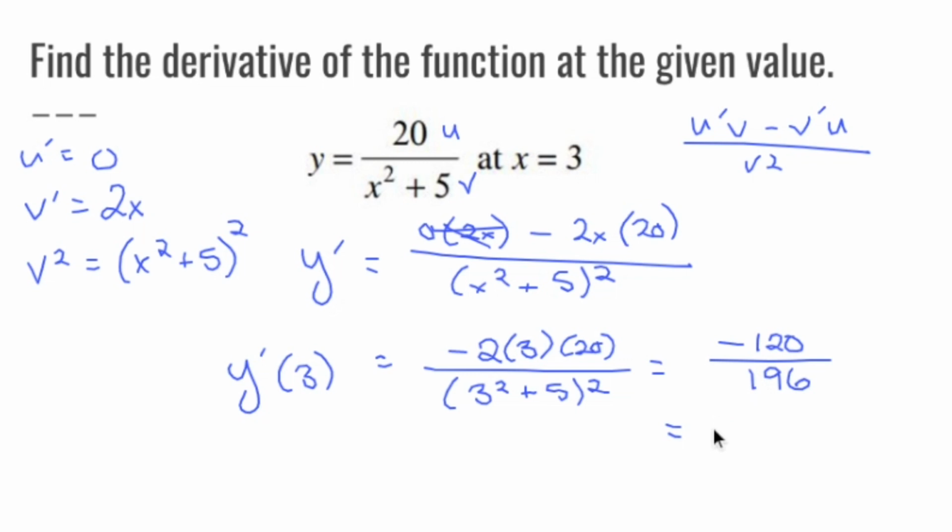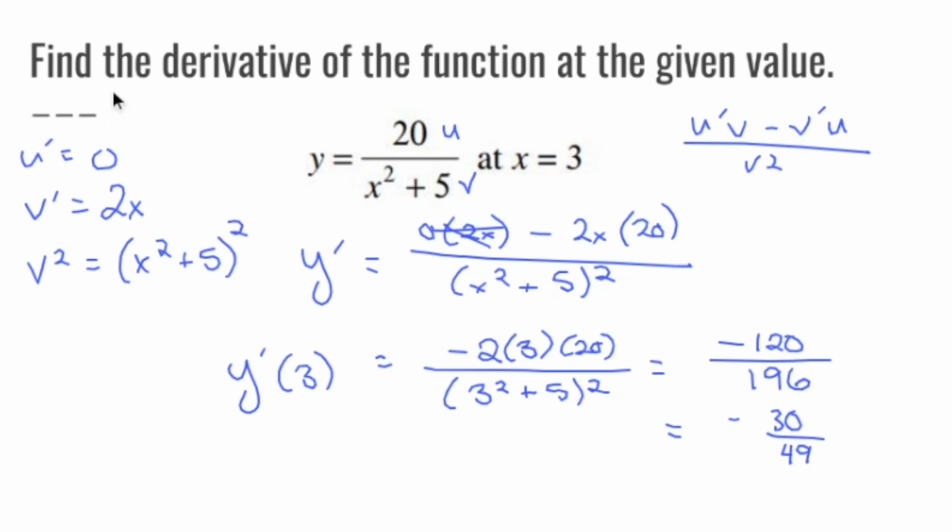Divide that by 4, you get negative 30 over 196 divided by 4 is 49. Yeah, that's it. It doesn't simplify any further than that. So yeah, that's my answer.